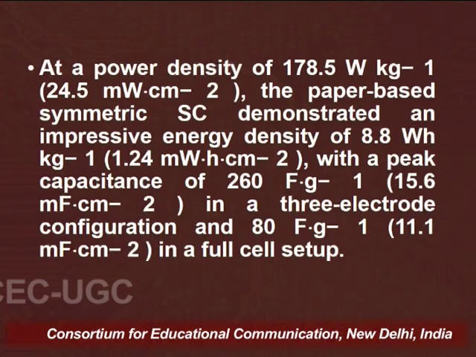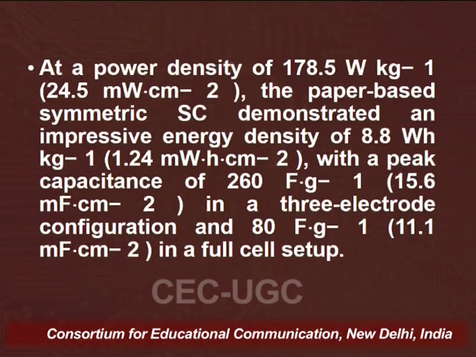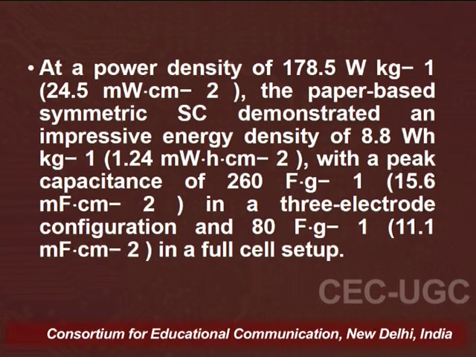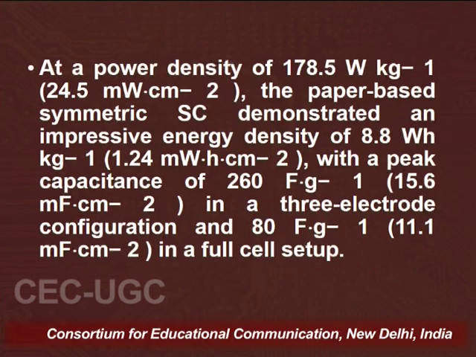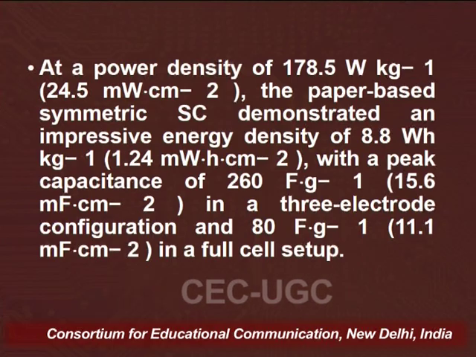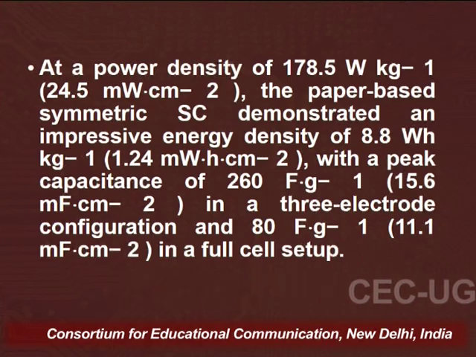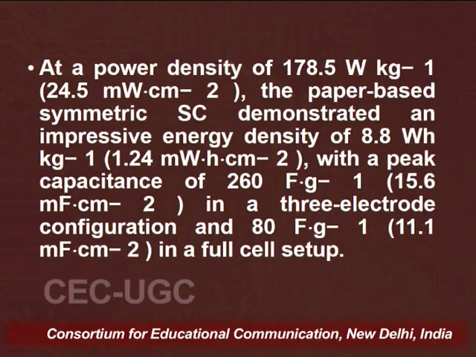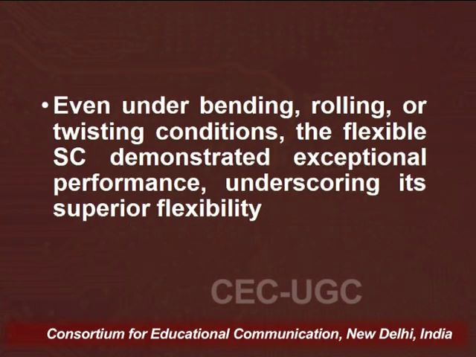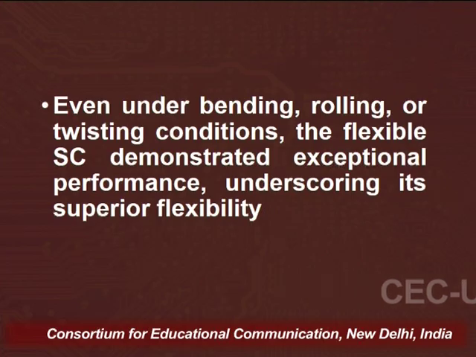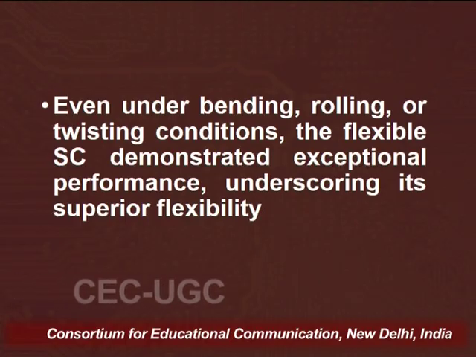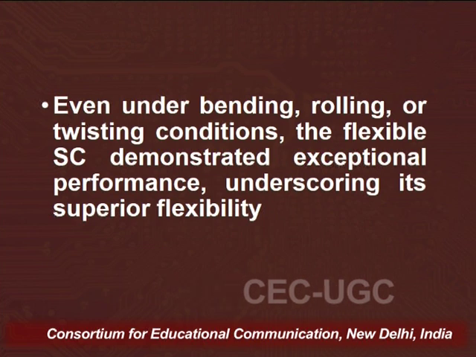At a power density of 178.5, the paper-based symmetric supercapacitor demonstrated an impressive energy density of 8.8, with a peak capacitance of 260 in the 3 electrode configuration and 80 in the full cell setup. Even under bending, rolling and twisting conditions, these flexible supercapacitors demonstrated exceptional performance, underscoring their superior flexibility.